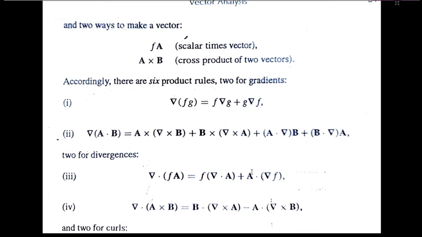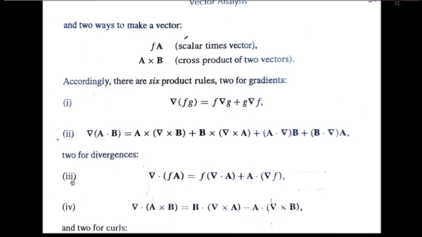So a dot b, if both are vectors, the result of a dot product is a scalar. If it's a scalar, then definitely del can be applied over there, and therefore it would be written as the entire RHS part. So del of f g is written as f del g plus g del f.